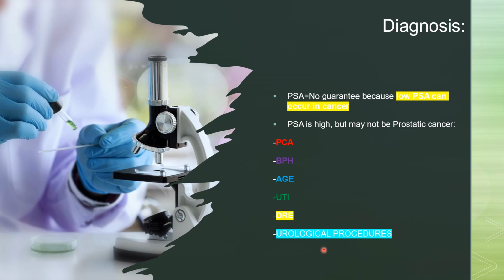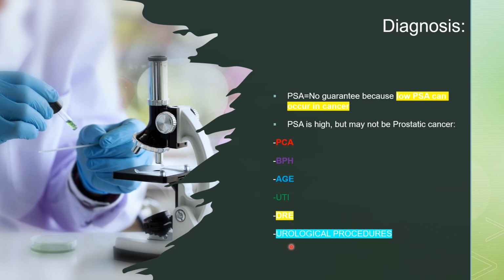Urological procedures. Someone has just visited a urologist, and they've passed their equipment, the probe and everything, and then not long from that time, you have a PSA test, and you are telling me it's high. I won't even look at it because of this. So it could be cancer, but it may not be.